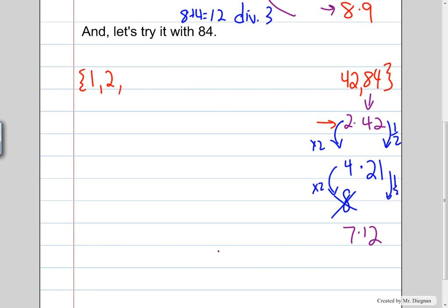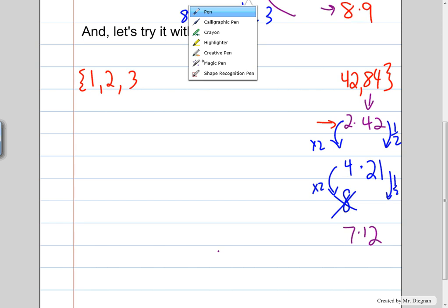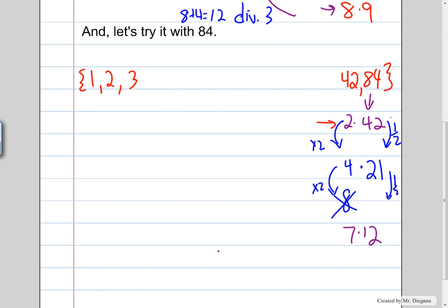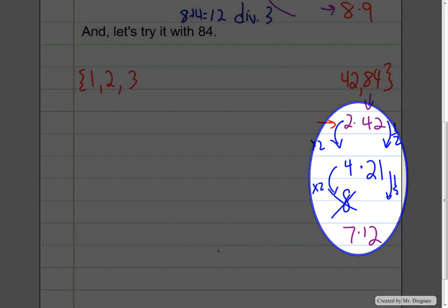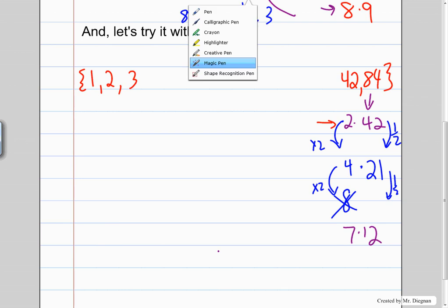Now I just need to figure out 3 times what? 3 times what? Now, is there anything over here that can help me with my 3? Yes, there is. All right. Kyle? 12? Caitlin, the 12. Here's what I want you to think about.